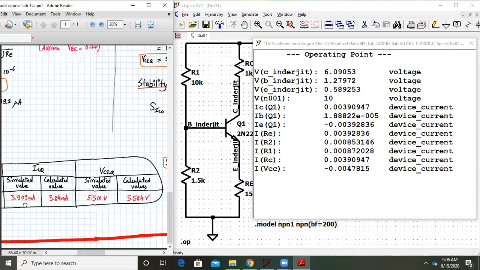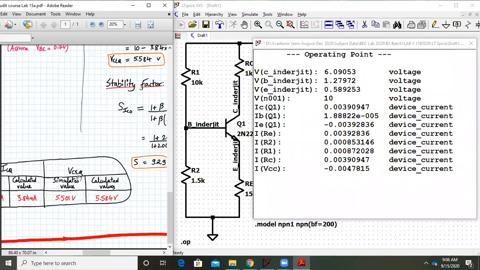Okay, now let us check the value of VCEQ. So VCE is VC minus VE. So it will be 6.09 minus 0.589. So that will come out to be 5.501 volts, and the calculated value is coming out to be 5.584 volts. Okay, so that's quite close.